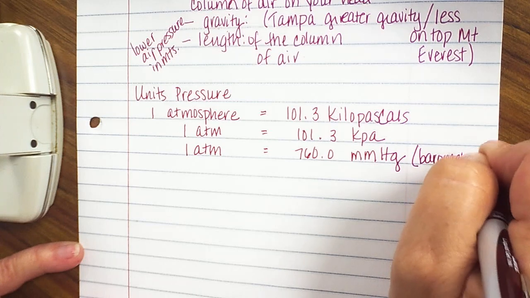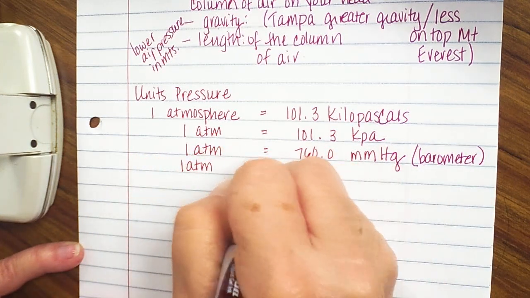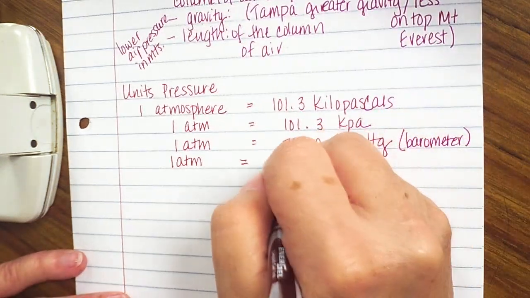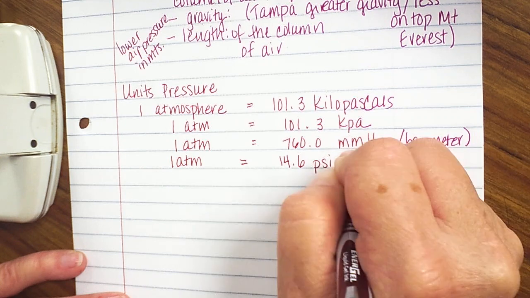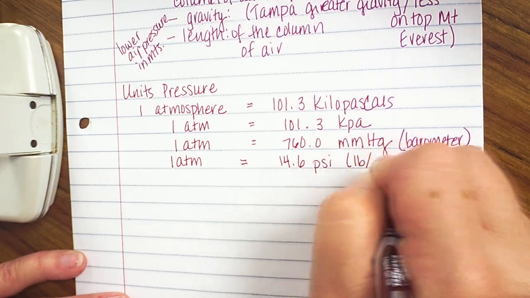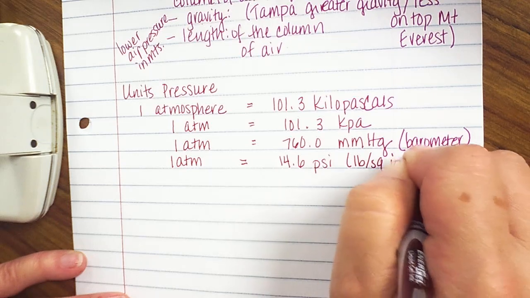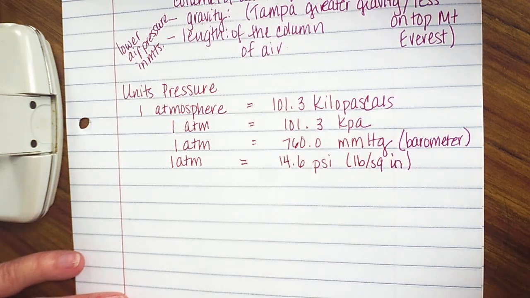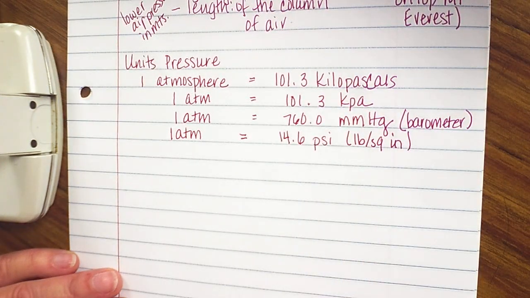That's where we would use that. 1 ATM is equal to 14.6 psi. This is pounds per square inch. So this would be used like in your tire, right? You'll see this written on the side of your tires. It'll say how many pounds per square inch your tire can have.